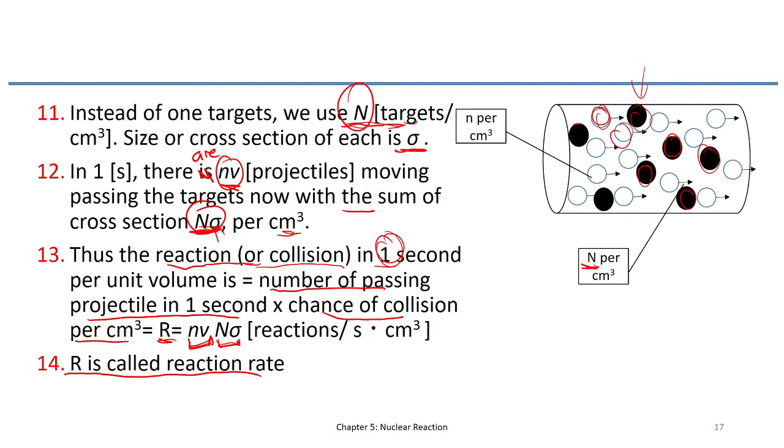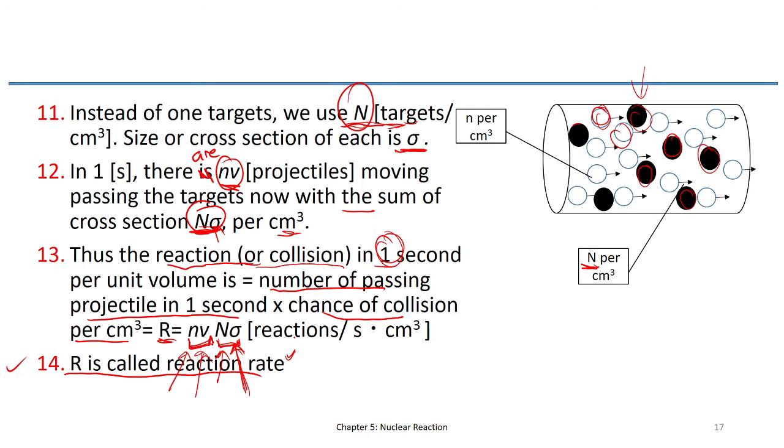Now knowing the cross section for each individual target nucleus, the density of the target nucleus, the velocity of the projectile, and the density of the projectile, we can calculate our reaction rate.